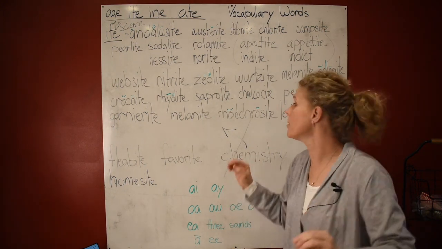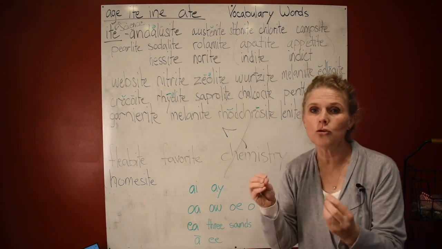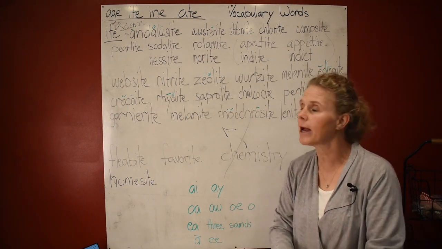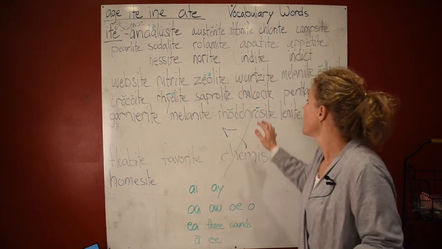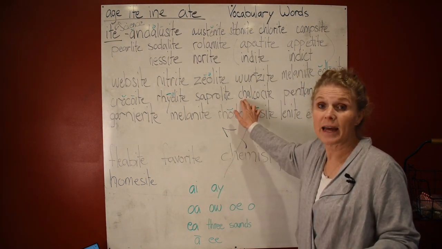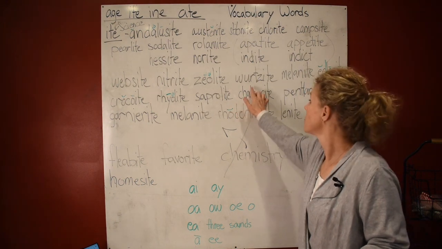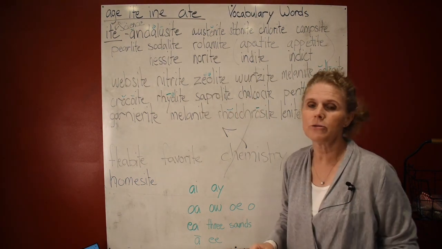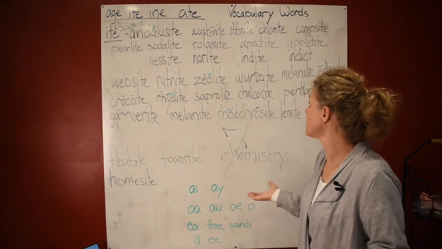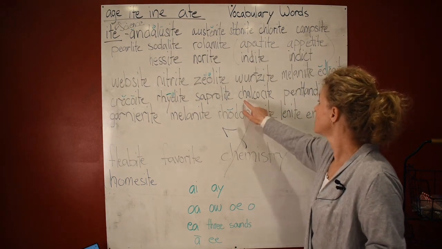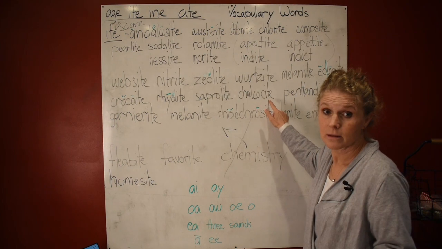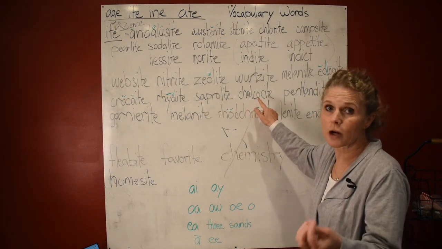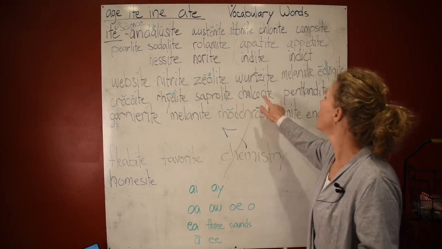Now, it's really important that if you see a CH and you know it's in the science area, it's most likely Greek, and you need to say that as K. Right off the bat, you just say it's a K sound. Chalcocite. So just slow it down when you're trying to read these words. Chalcocite.